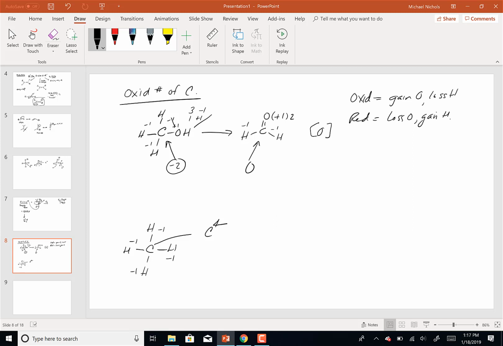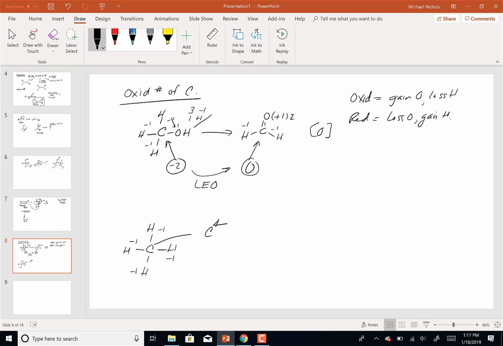So the question then is, as this carbon over here goes from -2 to 0, it's doing what? It's losing electrons, and so it itself is being oxidized. So we already said this is an oxidation reaction.